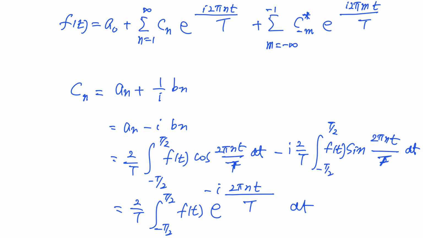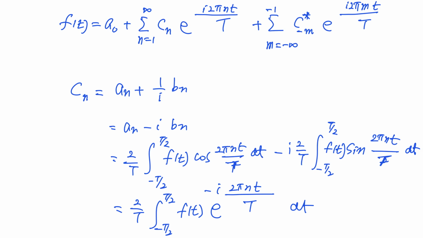Right? So I'll just summarize. 2 over 2 over 2, Cn. Right.